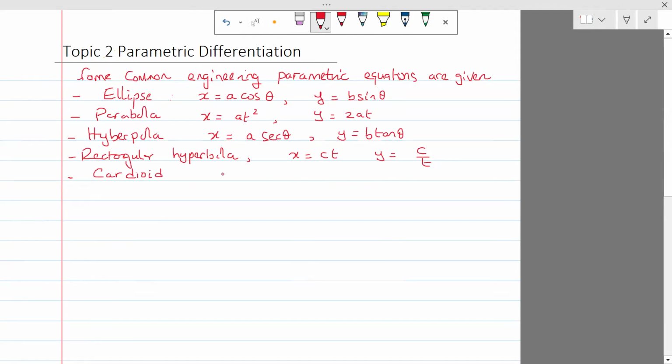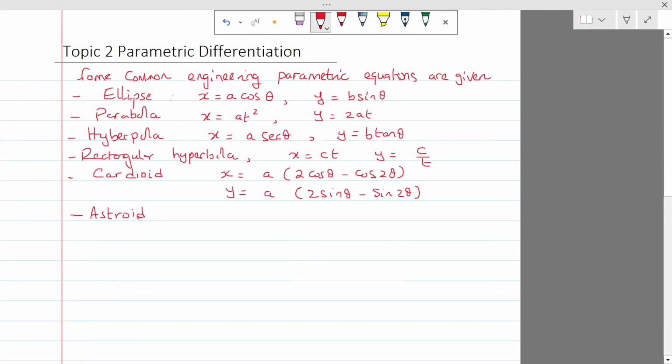Cardioid: x equals a times 2 cos theta minus cos of 2 theta, y equals a times 2 sine of theta minus sine of 2 theta.